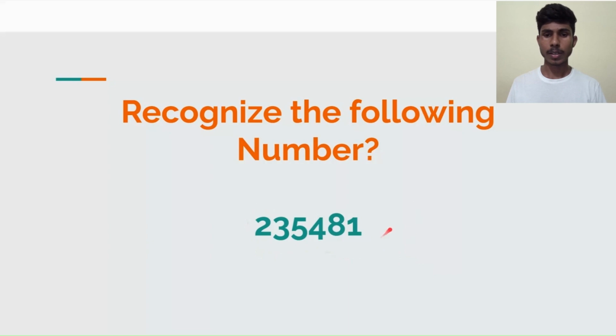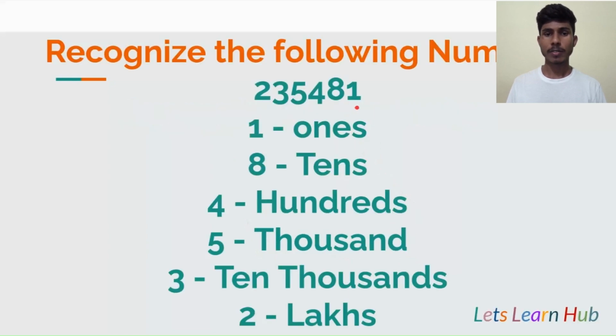So in this number, the rightmost digit here is in ones place. This 1 is in ones place, and the next digit 8 is in tens place, and the next digit 4 is in hundreds place, and the next digit 5 is in thousands place, and the next digit 3 is in ten thousands place, and the next digit 2 is in lakhs place.